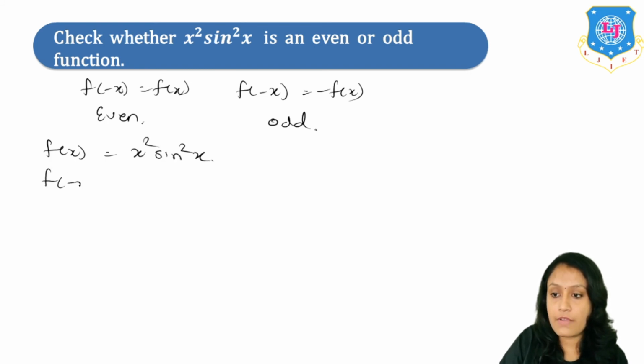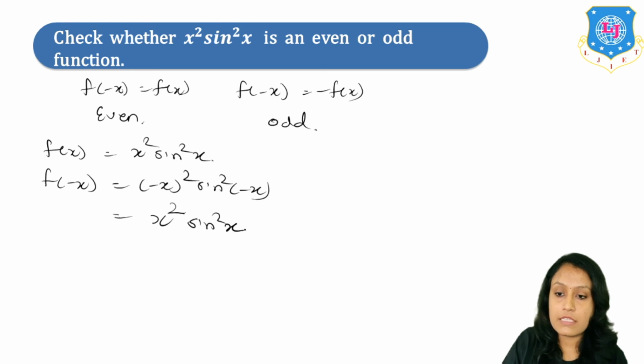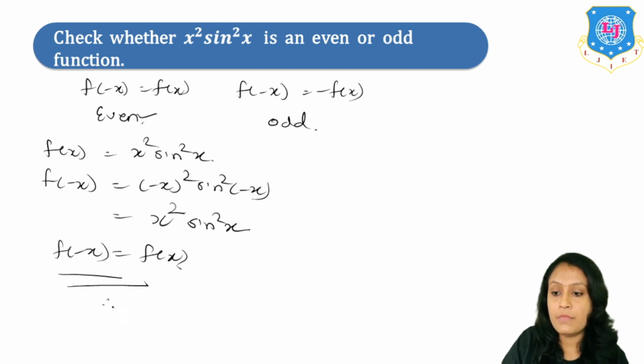In place of x substitute minus x, so this is (minus x) square sin square (minus x). So from this we'll get x square. Now here we have sin square, so it will come sin square x. So this is our function f of x. So we have f of minus x as f of x, therefore we can say that this function f of x is an even function.